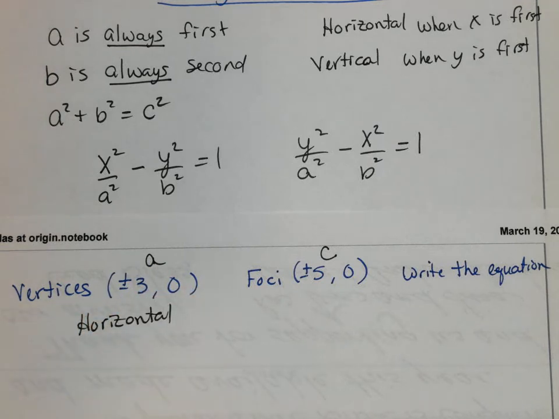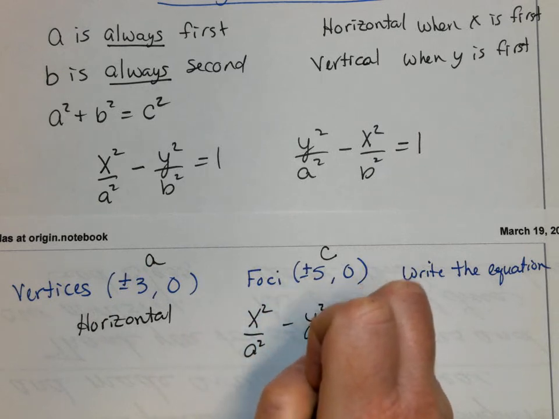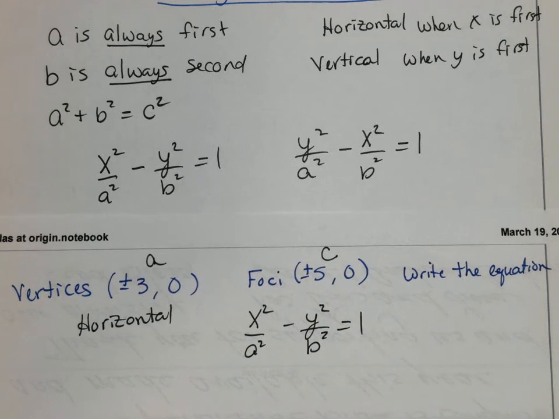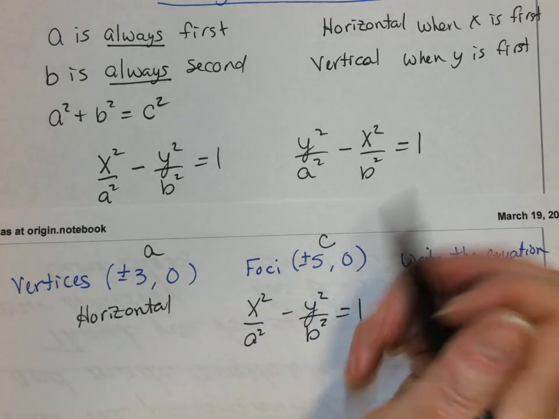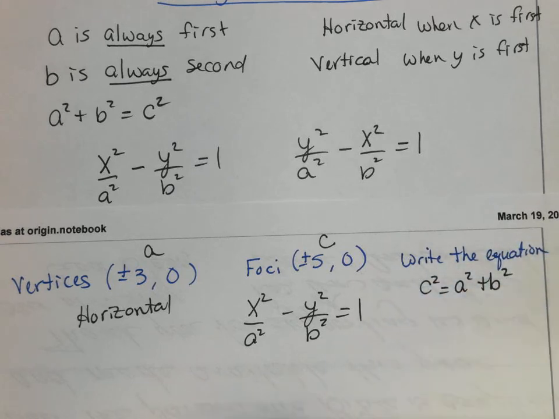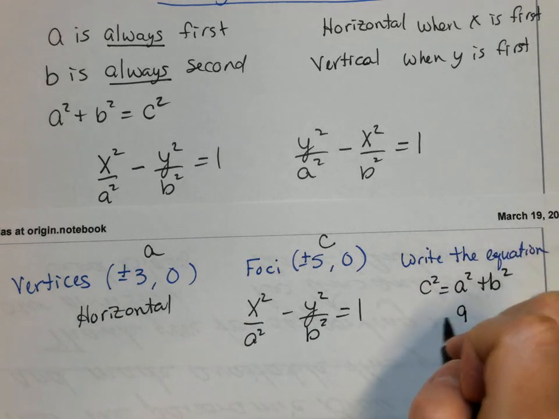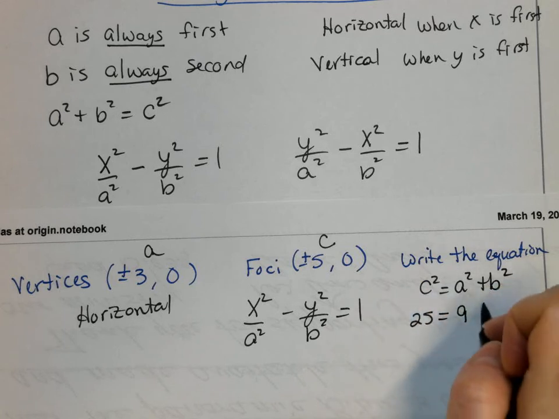Okay, so if it's horizontal, I know I want X squared over A squared minus Y squared over B squared equals 1. That's not so bad. But I need C. I know that C squared is equal to A squared plus B squared. I know A is 3, so A squared is 9. I know C is 5, so C squared is 25.